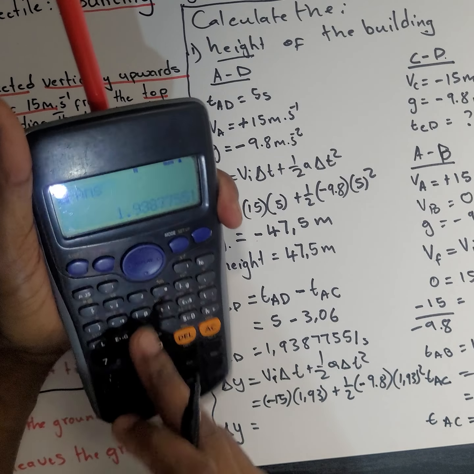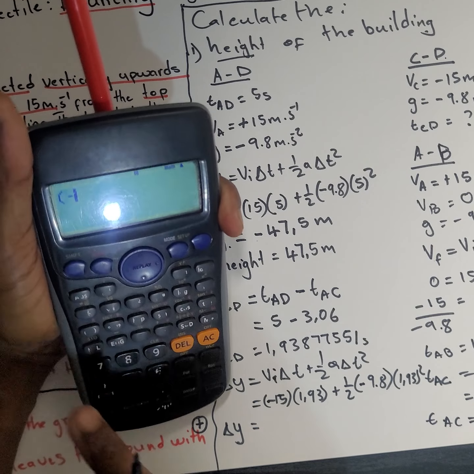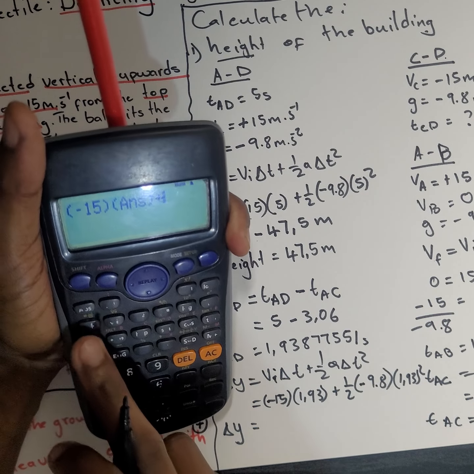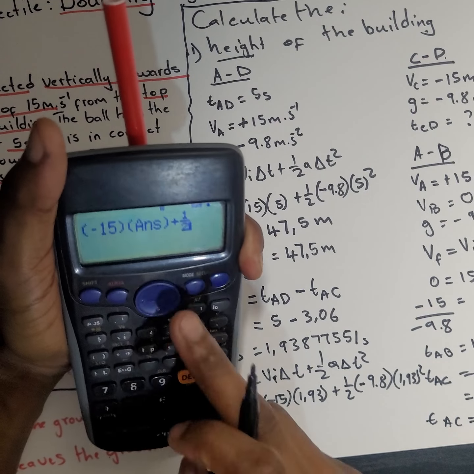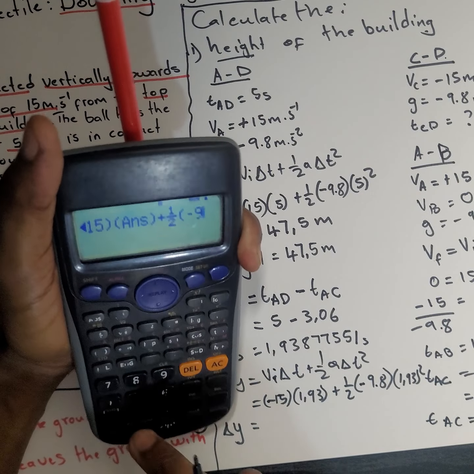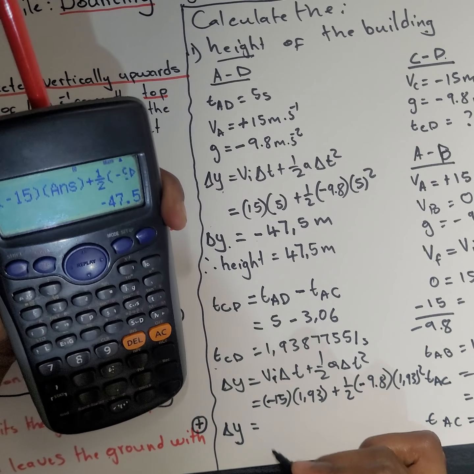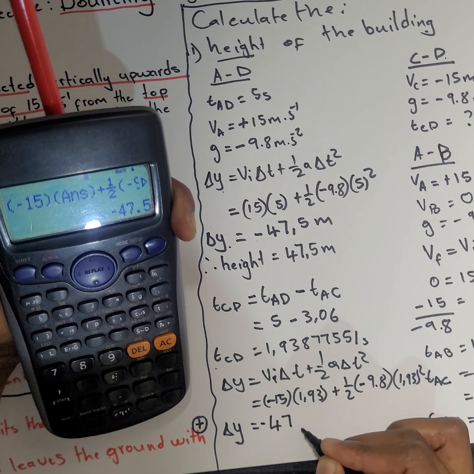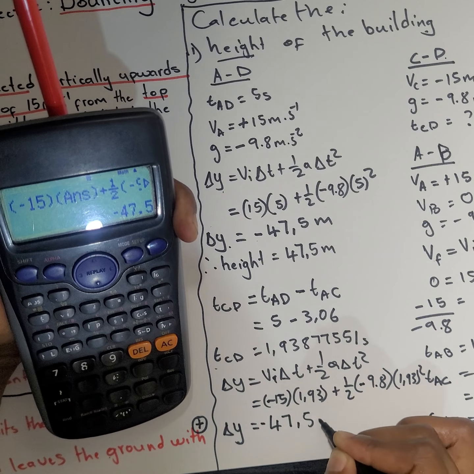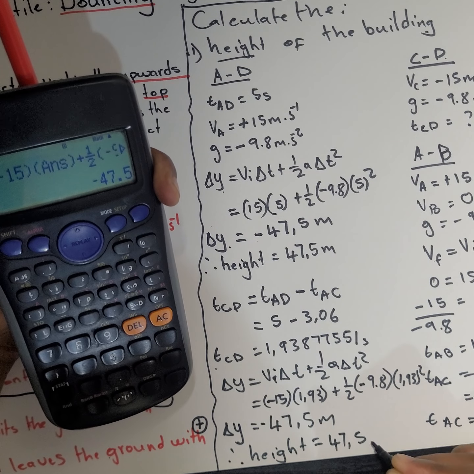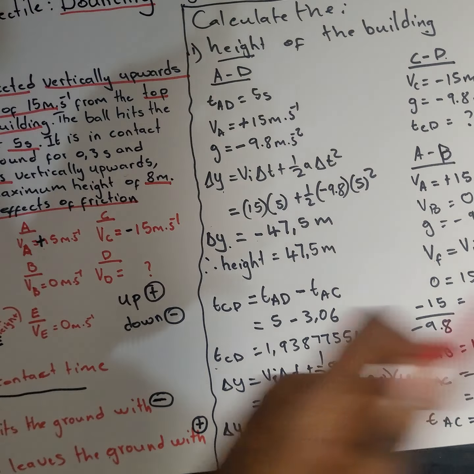And then I will find my delta y to be negative 15 times the answer plus half of 9.8 times this, and I must not forget to square there. And then I get the same value of negative 47.5 meters, and therefore the height, ladies and gentlemen, will be equal to 47.5 meters.